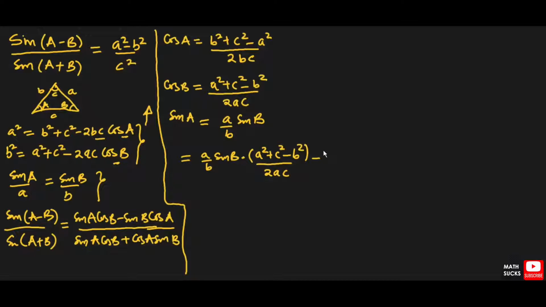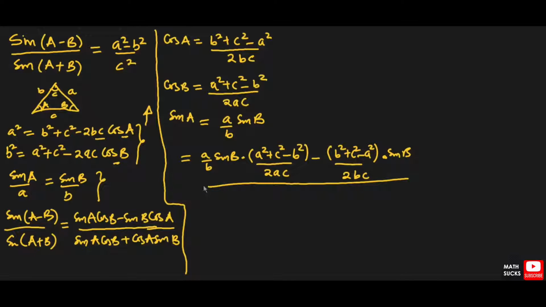Then take off sine of B. We don't have it, but you can keep it, but you have cos of A. Cos of A is already up here, so this is B squared plus C squared minus A squared over 2bc, then multiplied by sine of B. Just keep it. Then everything is divided by the same stuff but with a plus sign.